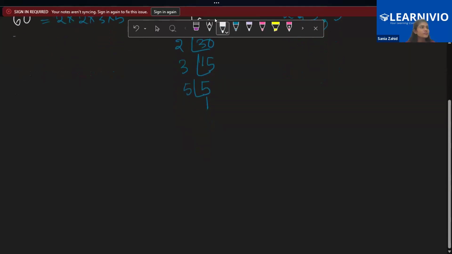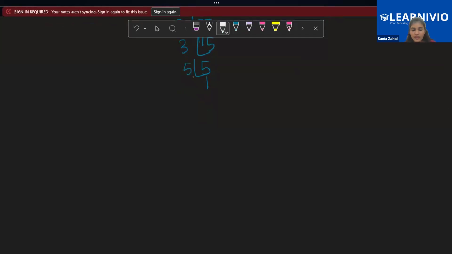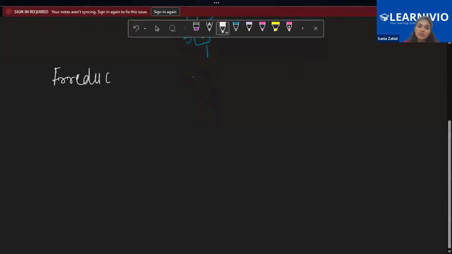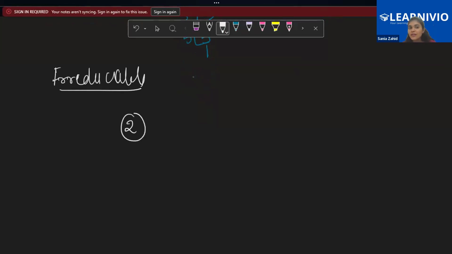Yes, ma'am. So now the next is, children, state the irreducible factorization of the following algebraic terms. Now, what is the meaning of irreducible? Irreducible means which cannot be reduced further. For example, 2 is irreducible. Why?